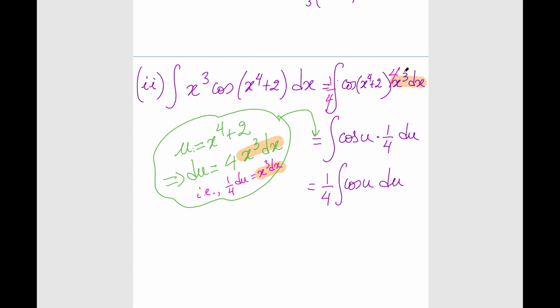So if you didn't want to do it this way, you can solve for x cubed dx in terms of u and du. So either you do it as such, or you do it exactly as we did in these two steps here.